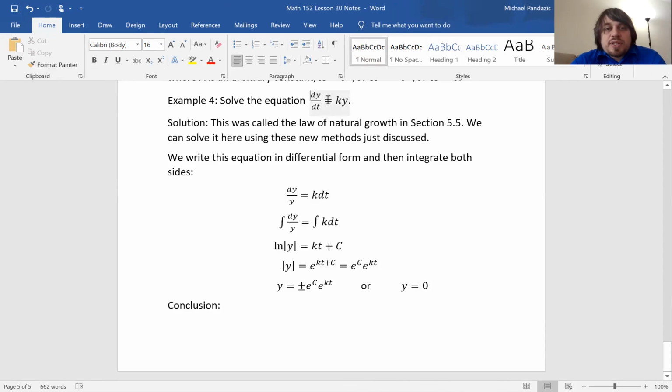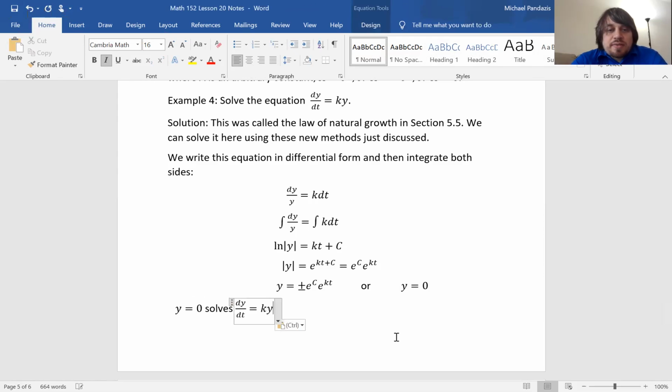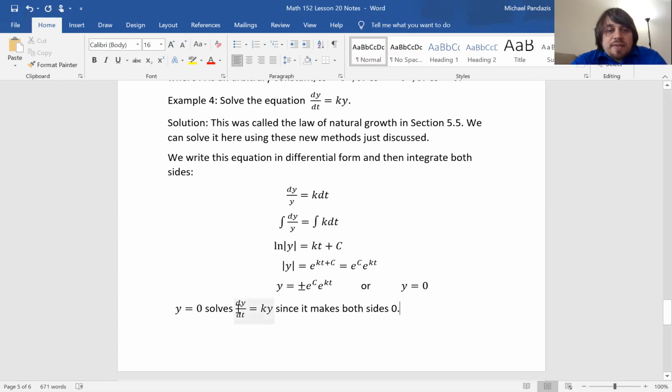Okay, so we have this equation here, dy dt equals ky. y equals 0 solves the differential equation since it makes both sides 0, right? If y equals 0, it's a function that always takes the value of 0.